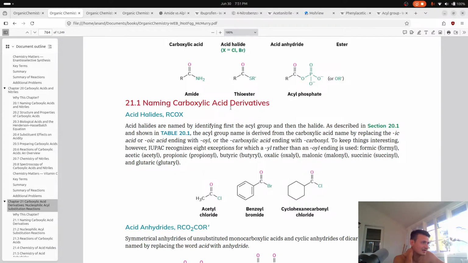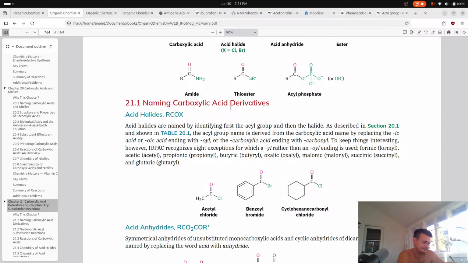What the heck is that? I thought it was propanoic. Propionyl, butyric, butyryl, oxalic, malonic, malonyl, succinic, succinyl, and glutaric, glutaryl. So acetyl chloride. Oh, that's going to be brutal.